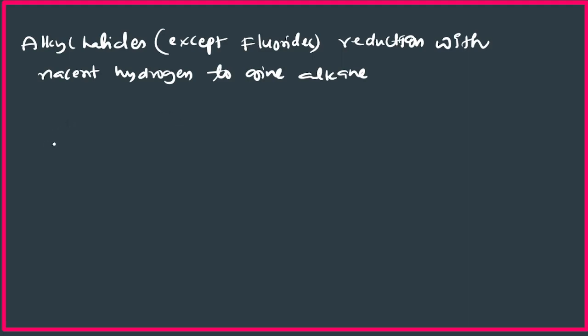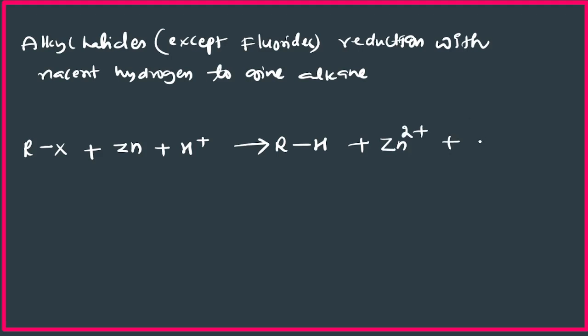Generally, alkyl halide RX with zinc and H plus ion from acid gives alkane, Zn2 plus and X minus.